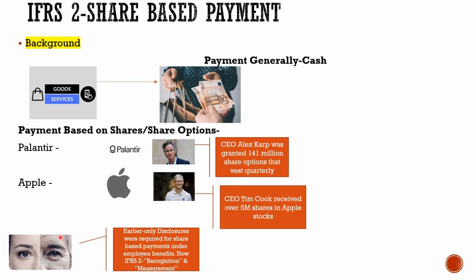Now, prior to IFRS 2, only disclosures were required and not recognition, which means these expenses were not included in our financial statements. But now, IFRS 2 mandates when goods or services acquired under share-based payment should be recognized.